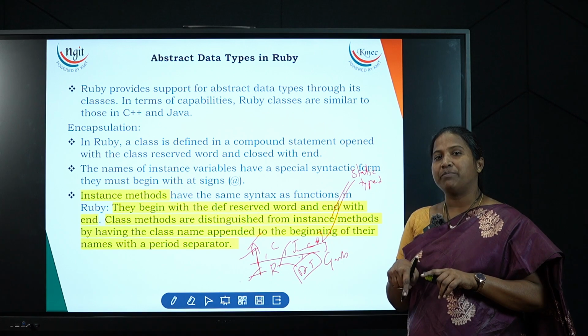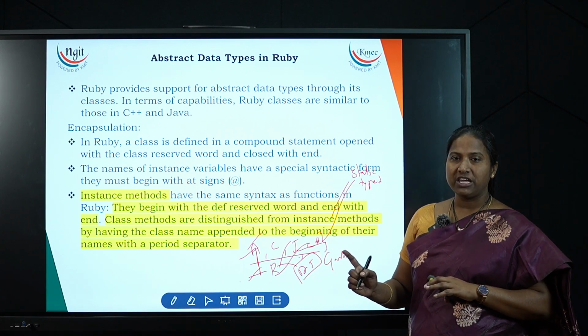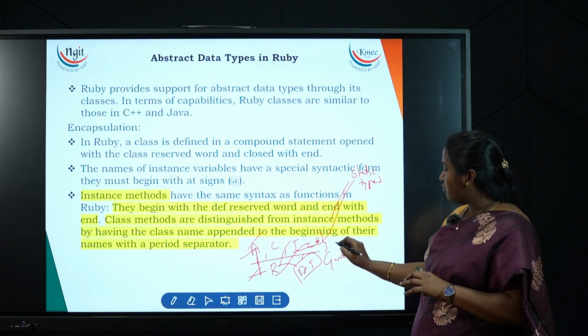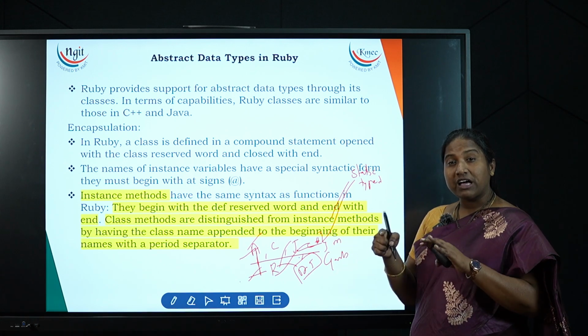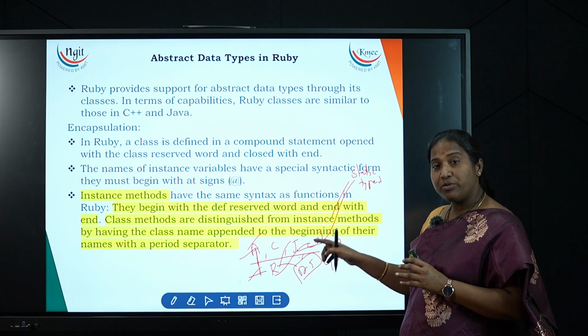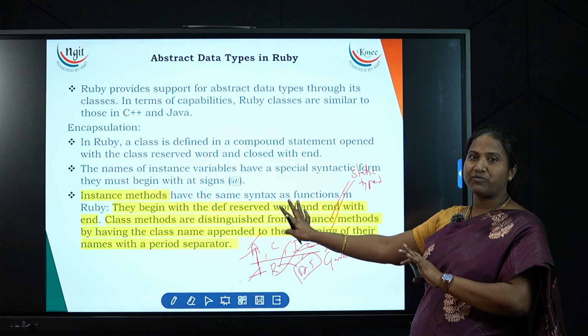I can also compare Ruby and C++ in the case of memory allocation. As C++ uses a manual approach, constructor and destructor, to allocate and deallocate memory, Ruby also uses constructor and destructor. We'll see that in this video.